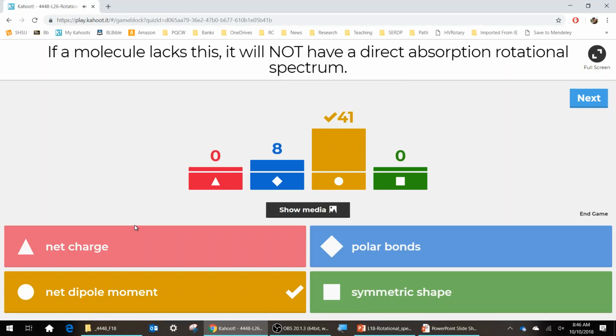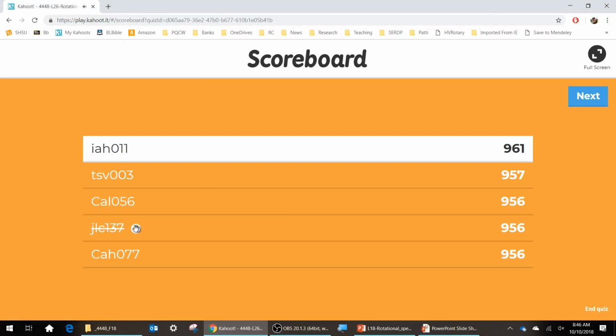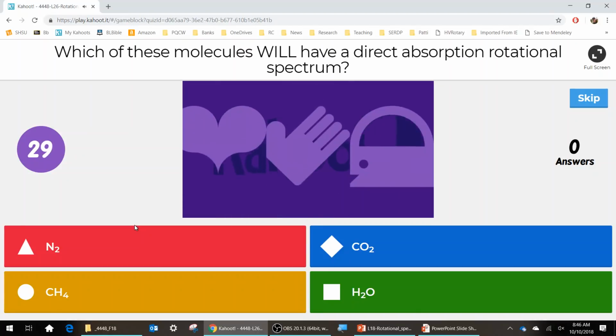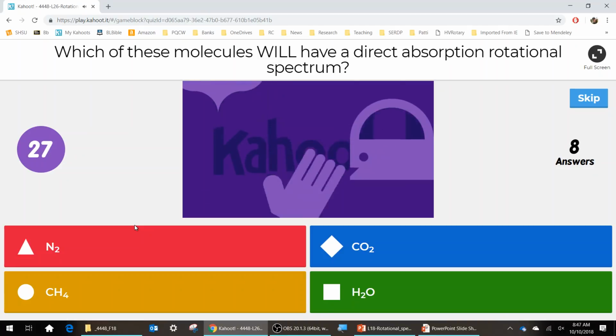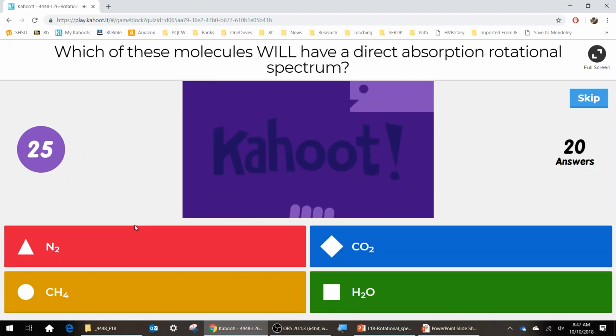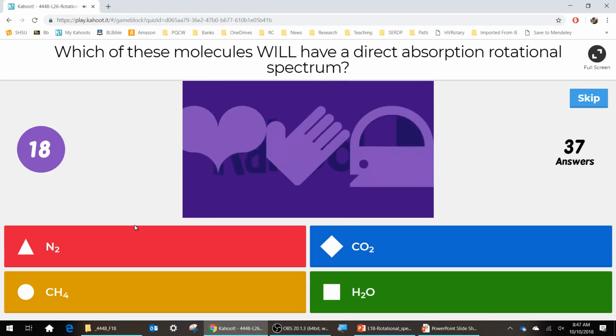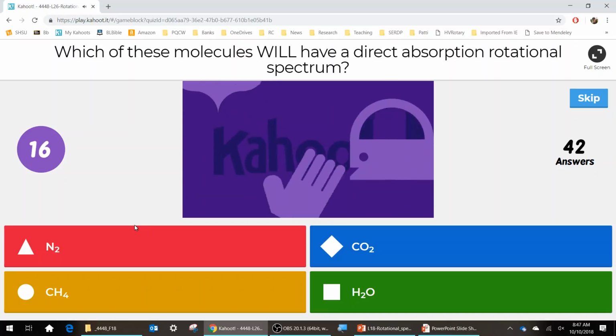Okay, net dipole moment. So it could have polar bonds and so on, but which of these molecules will have a direct absorption rotational spectrum? Red is nitrogen, blue is CO2, orange is methane, and green is water.